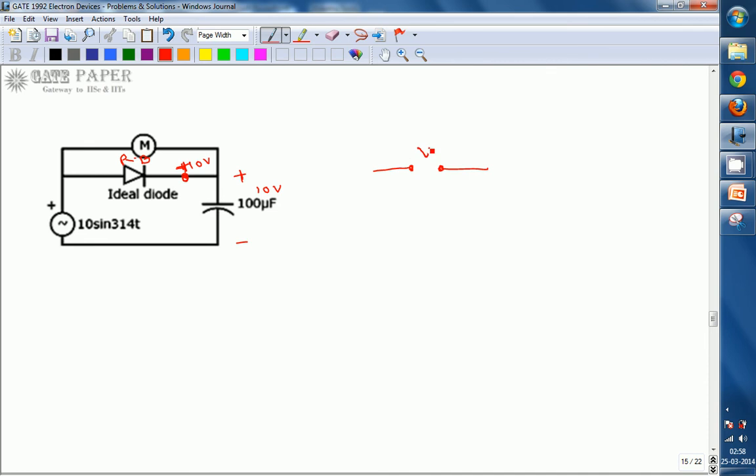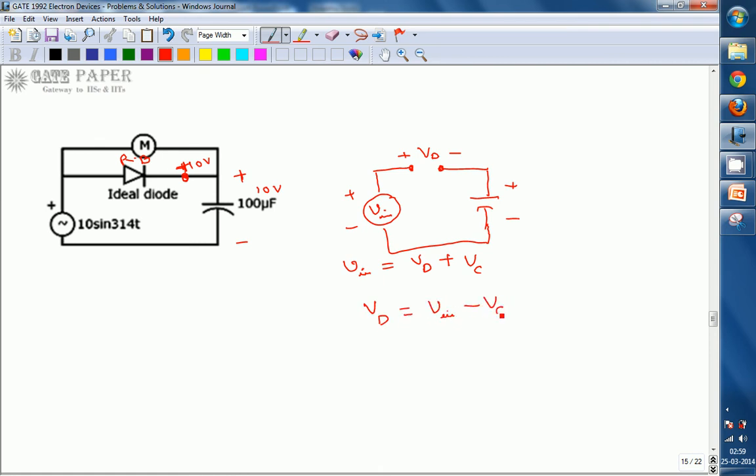The diode voltage is Vd, the applied voltage is V input, and the capacitor voltage is Vc. By KVL, V input is equal to Vd plus Vc, so the diode voltage Vd is equal to V input minus the voltage across the capacitor Vc.